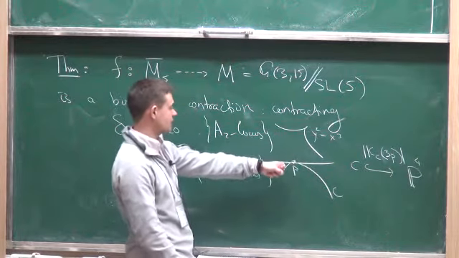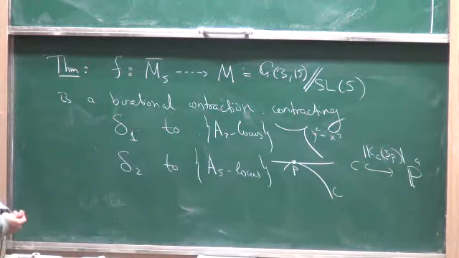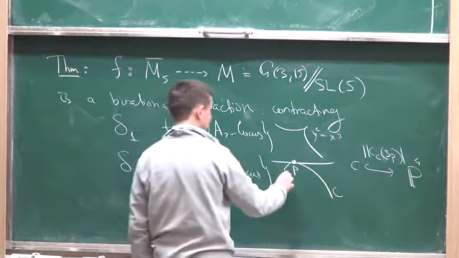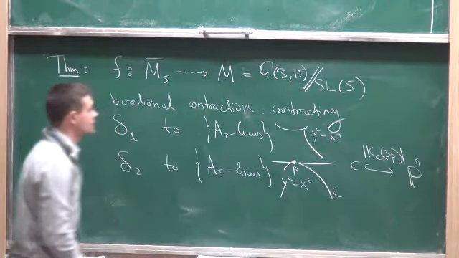Then the point P becomes a flex, and when we take the union of the curve C with the flex line, we get a complete intersection of 3 quadrics. And the singularity here is y squared equals x to the 6, which is an A5 singularity.